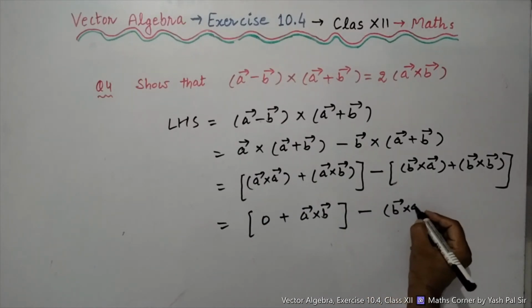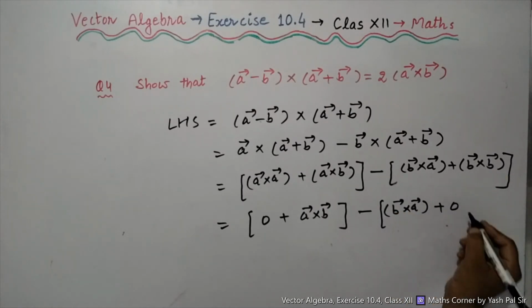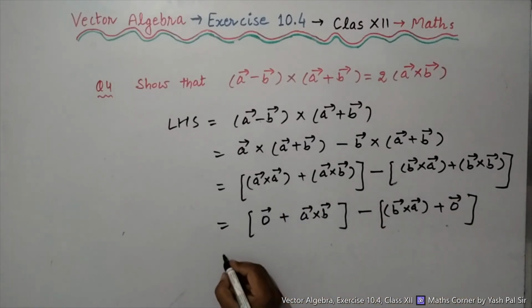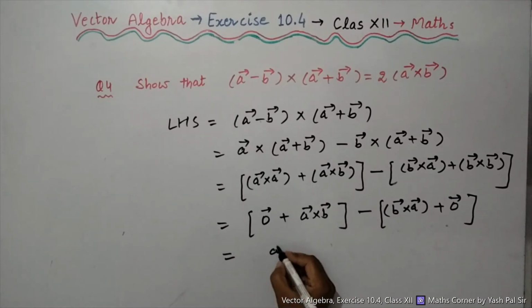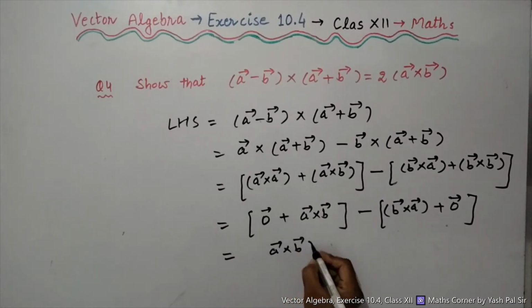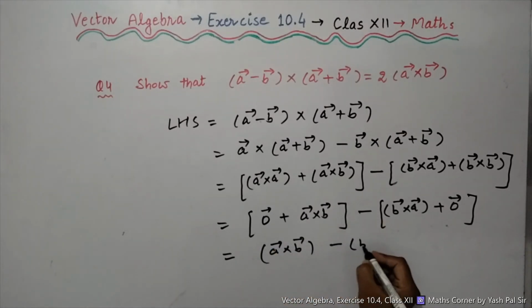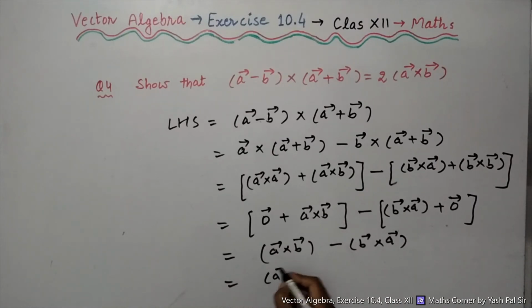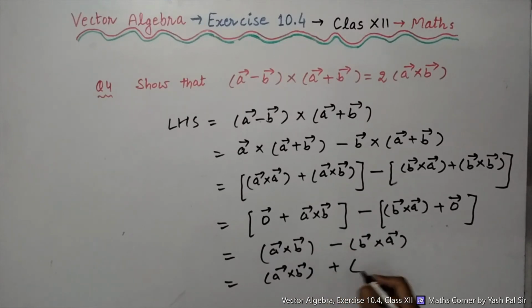minus this is B cross A, and B cross B again is equal to 0, the 0 vector. So finally we have A cross B minus B cross A. So A cross B, this becomes plus, but here the order will be opposite now.